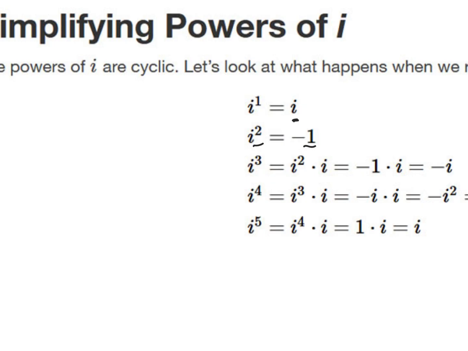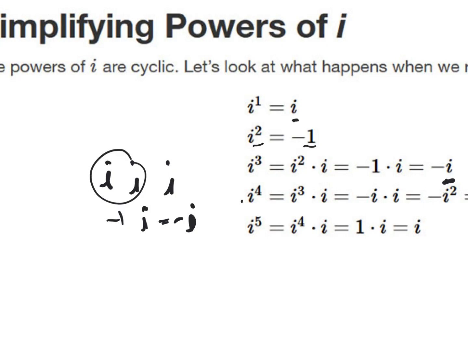So i cubed means I'm just adding one more i. So i, and we've already learned that i times i is a negative 1. So negative 1 times i has to be a negative i. And sure enough, that's what I have.